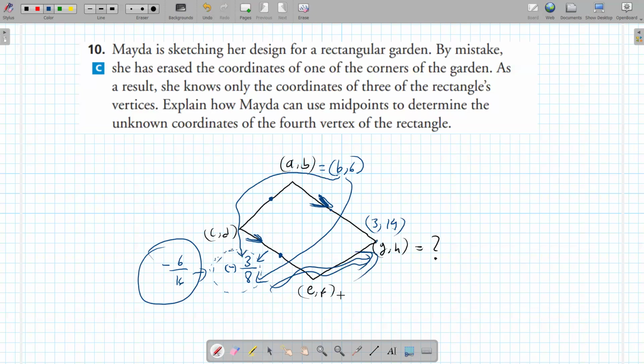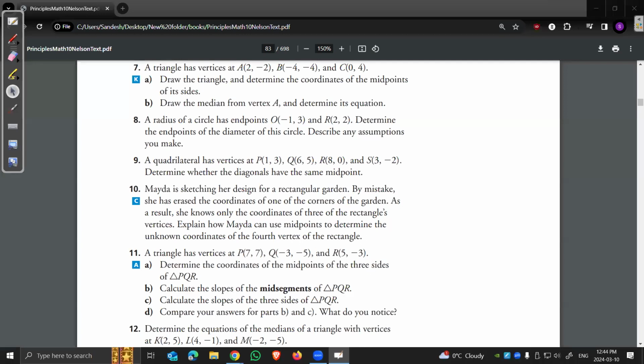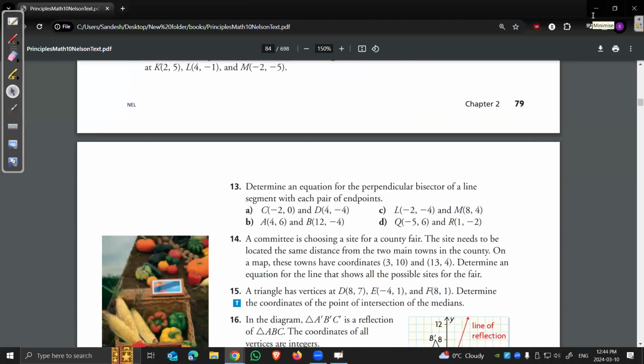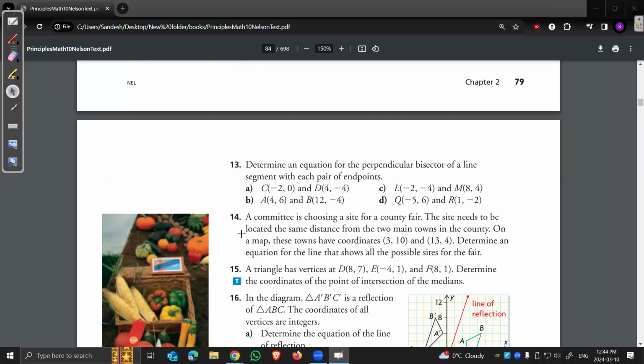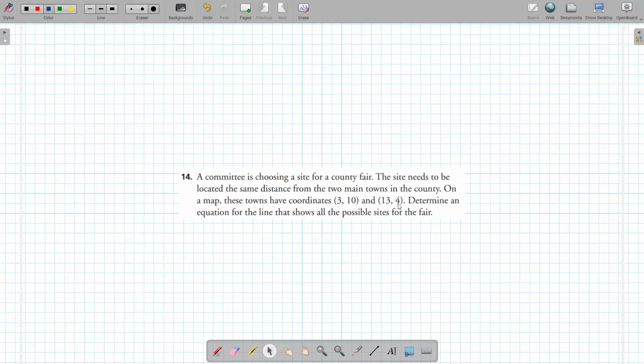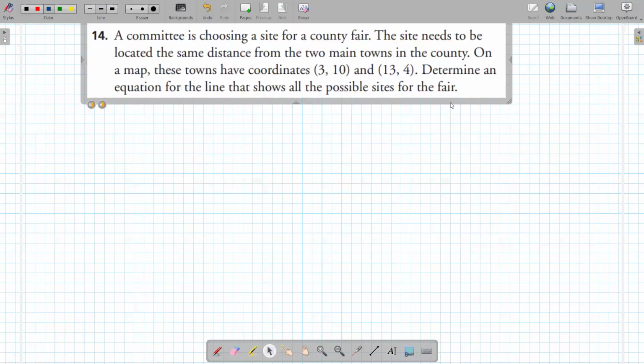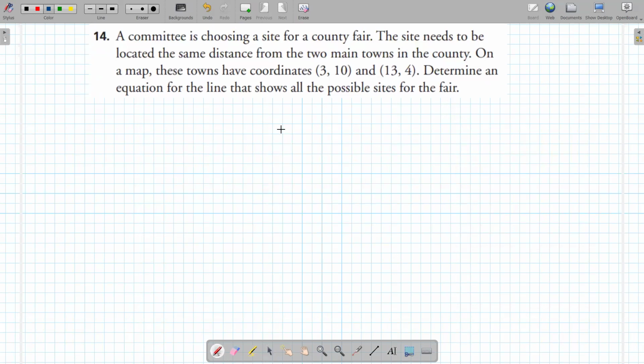So that's how you can get this. Yeah, we've done this problem. It's basically the same problem.